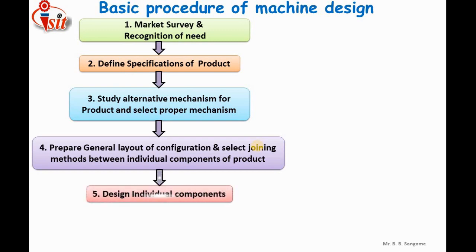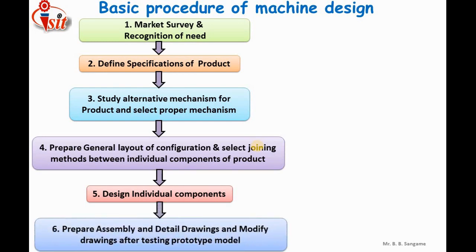The fifth step of design is design of individual components. This is a very important step. At this point the design engineer works on the individual component. He has to go for force analysis, kinematic and dynamic analysis of the component. He has to study the effect of forces and loads on the component, and according to that he has to select the material at this step.